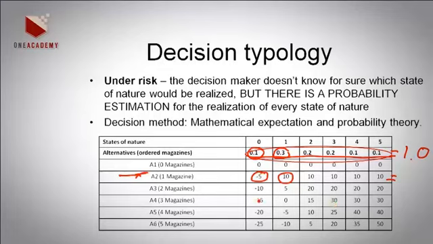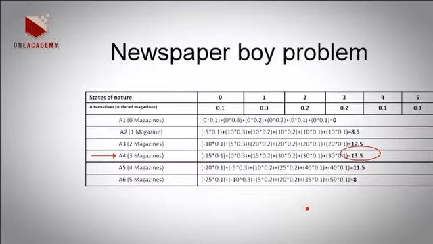And what we will have at the end is the expected value for each alternative. And when we have all the expected values for all the alternatives, we can figure out which is the best alternative to choose.